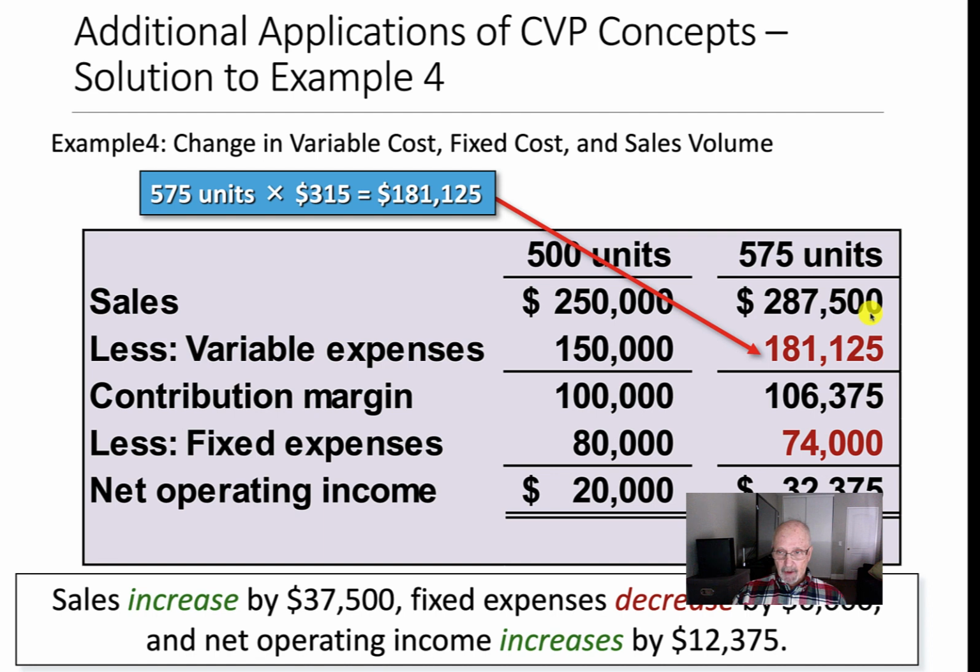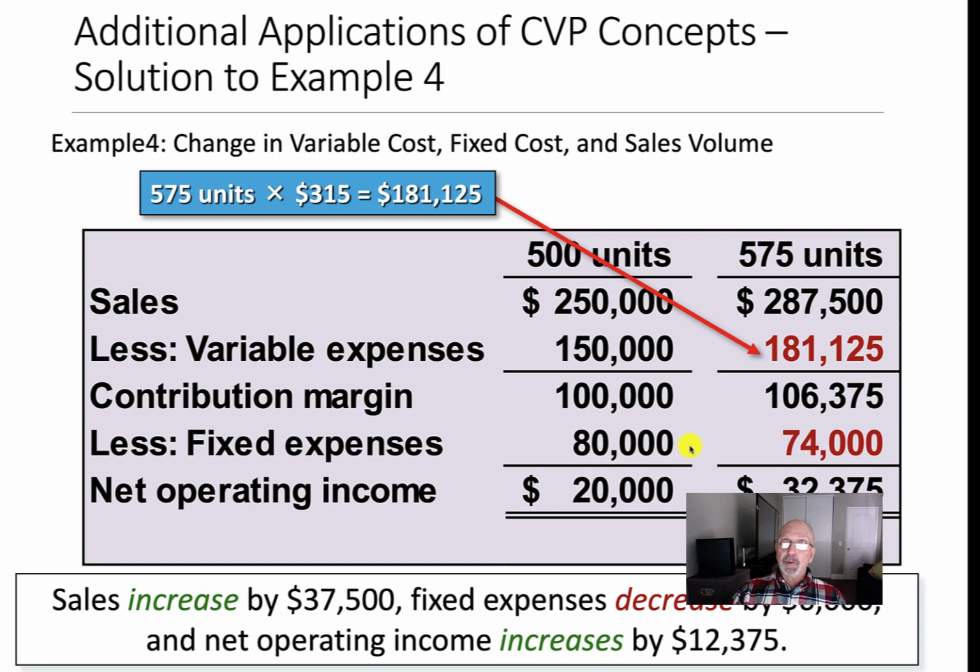We've got sales. Again, it's going to be 575 times 500. Variable expenses are now 315 because we're adding that commission. So our variable expenses are 181,125, leaving us this as a contribution margin.